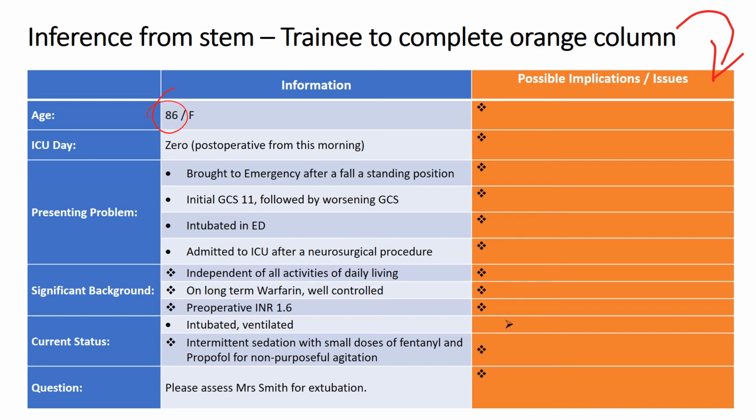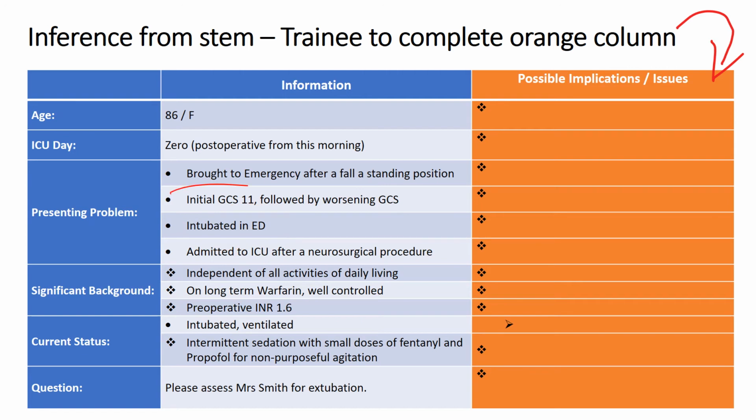But in an 86-year-old woman who's fallen, you could still have spinal issues. And you could still have other injuries, especially for somebody on warfarin. So somebody who has fallen, clearly, if they've fallen, it could be because they've had a bleed in the head from the warfarin, or they now have a bleed in the head because of the warfarin, and you could also have bleeding elsewhere in the body because of the trauma.